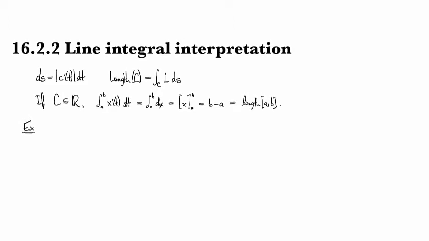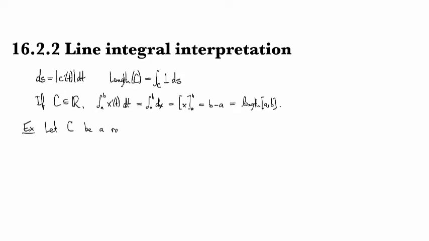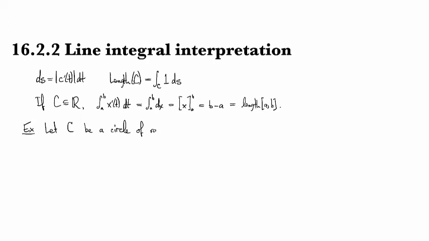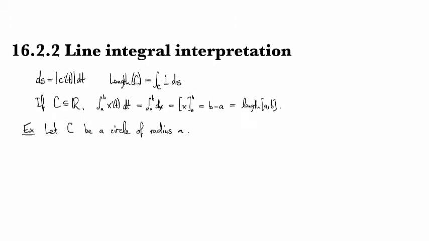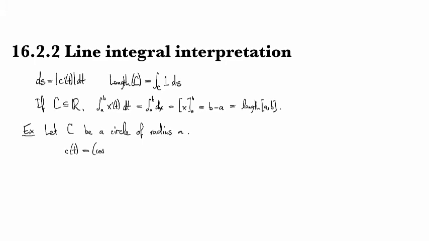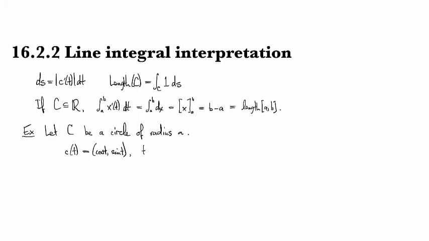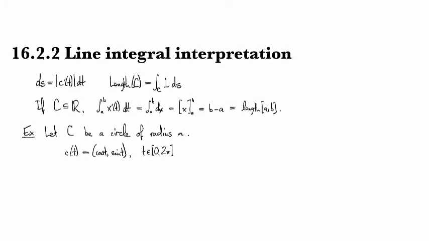First basic example. Let C be a circle of radius a. Then the standard parameterization would be C of t is cosine t, sine t, for t going from 0 to 2 pi.